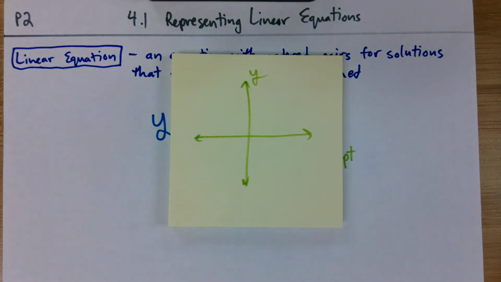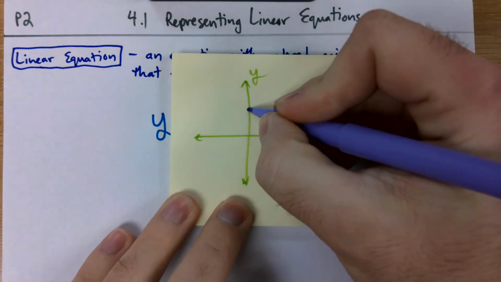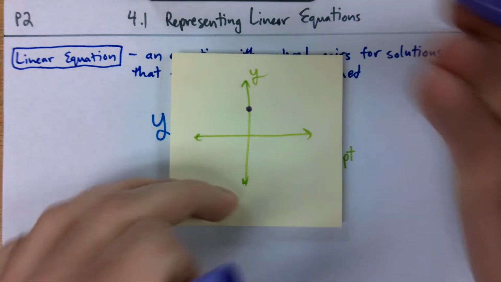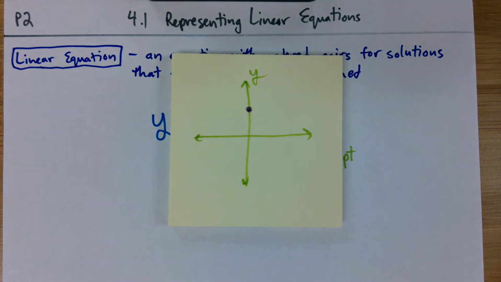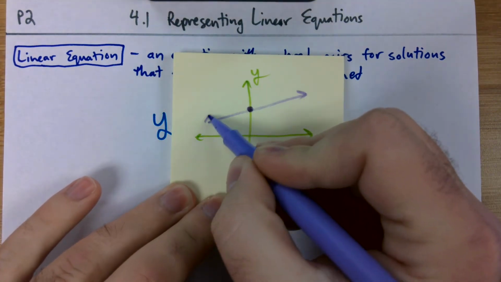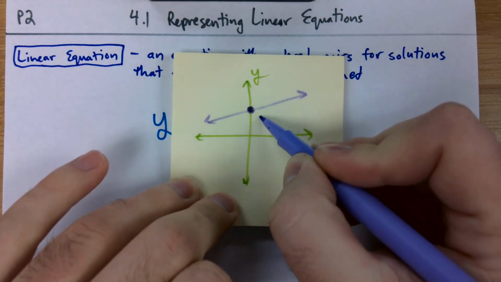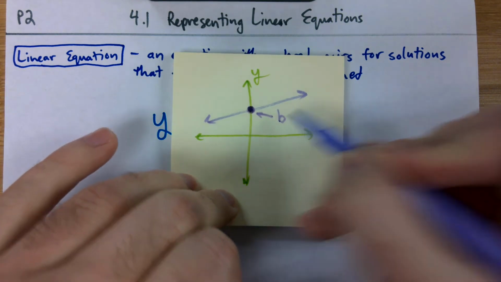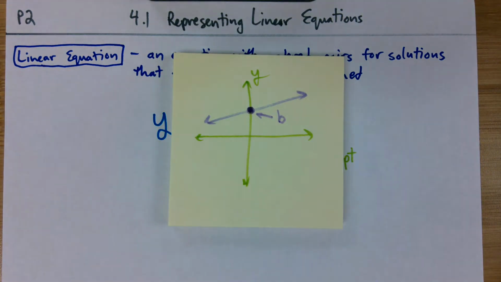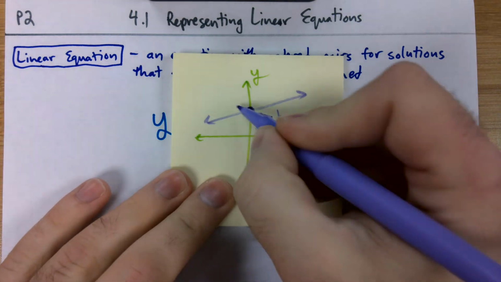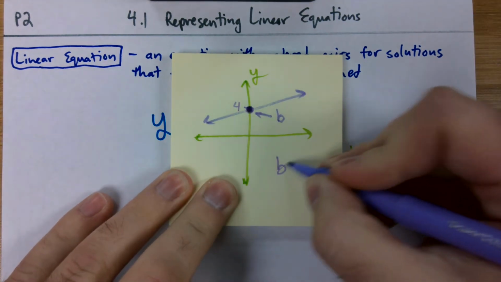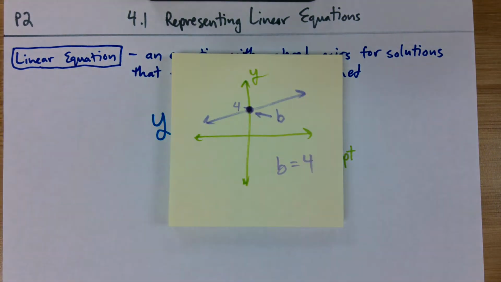The y-intercept represents the point on a line that intercepts or crosses the y-axis. So if we have a line like this, this point right here is b. That's our y-intercept. So if that point is up at 4, then our b is equal to 4.